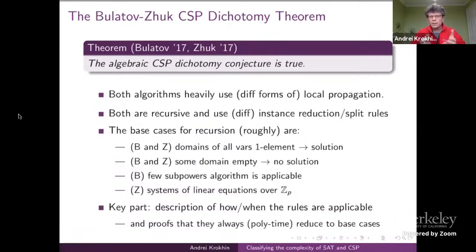So of course, the key part of both results is the description of those data reduction rules, how you can reduce your instance, how you can split your instance, and the proof that these rules always reduce in polynomial time to one of the base cases. So this is roughly how the algorithms work.